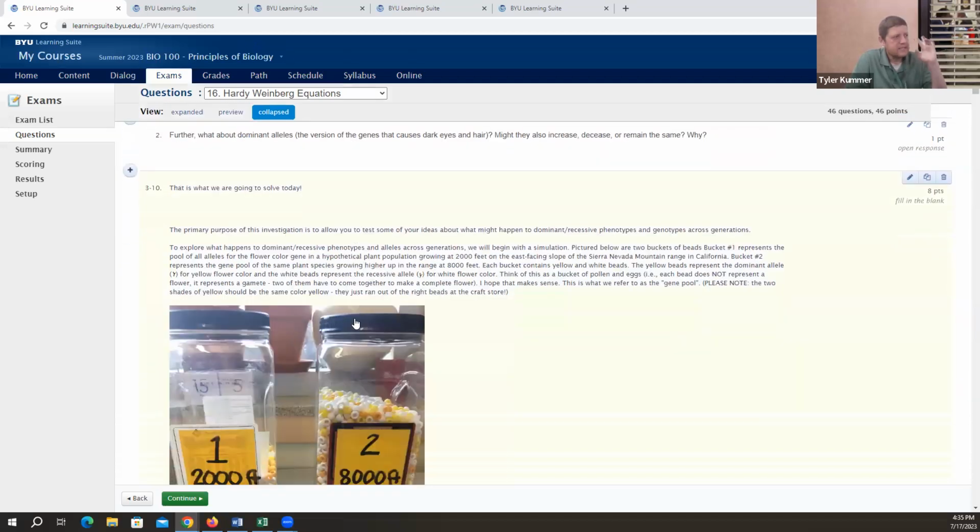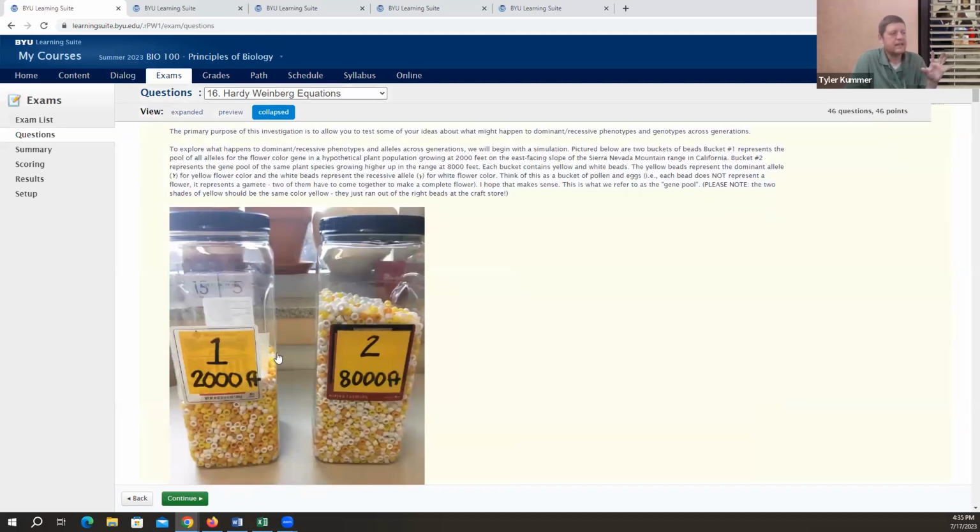But what this lesson is trying to help us understand is that when we're thinking about evolution, if we think about this population as actually a bucket of alleles, then maybe we can understand why dominant doesn't become more frequent.